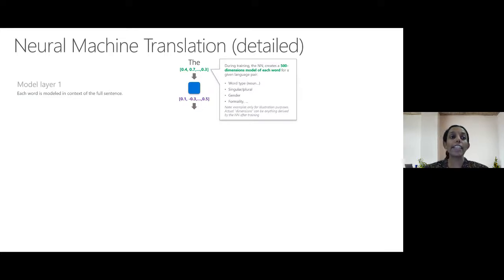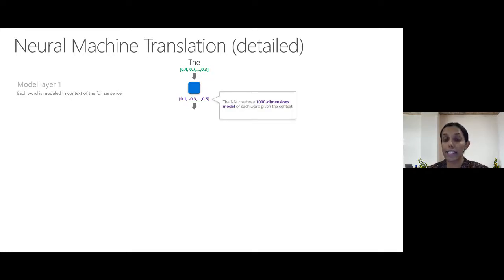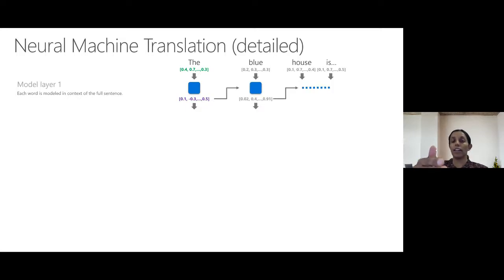At this level, during training, the neural network creates a 500-dimension model for each word in the given language pair, here English to French, looking at aspects such as word type, noun, singular or plural, gender, formality of the word, etc. Then the neural network creates a 1000-dimensional model for each word given the context. This gets repeated for every word in the sentence.